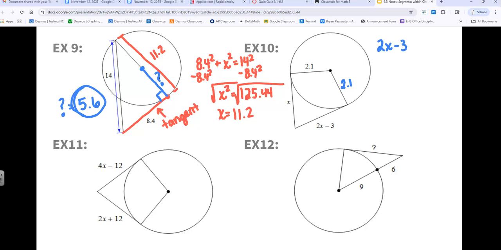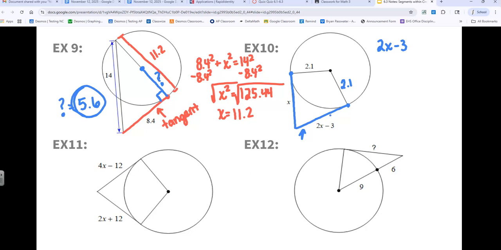What should I do with my 2x minus 3? What type of line would we call this piece here? It will, because these are both, what do we call these right here? They are congruent.